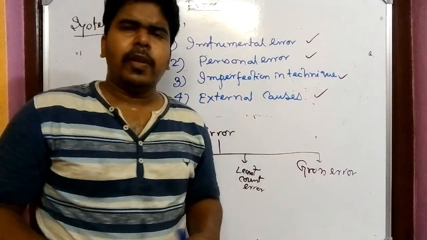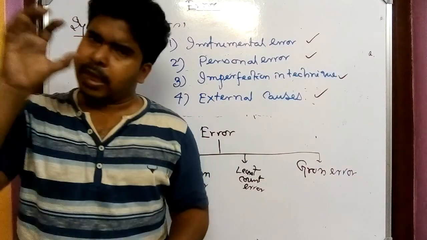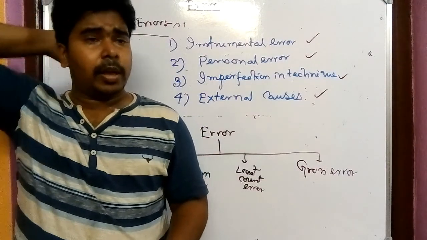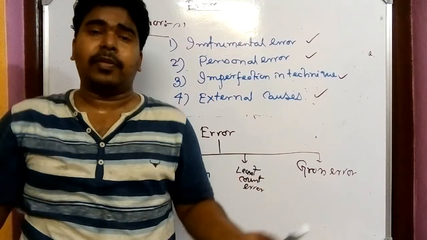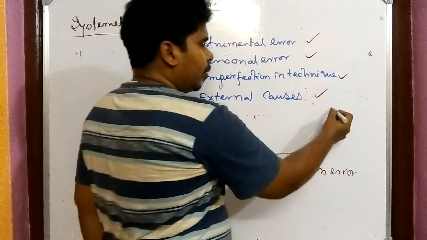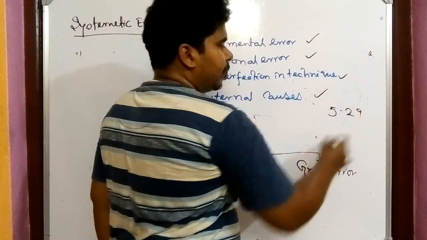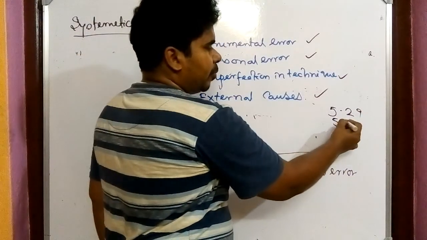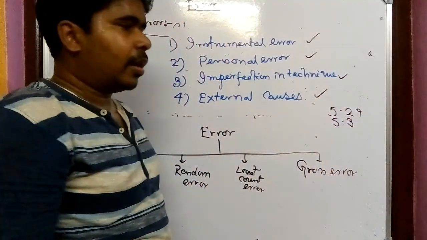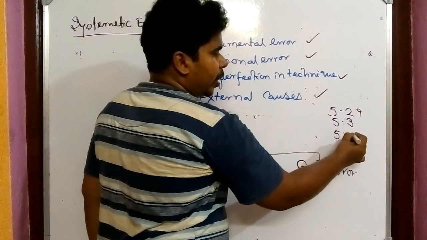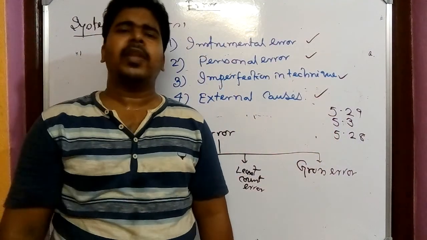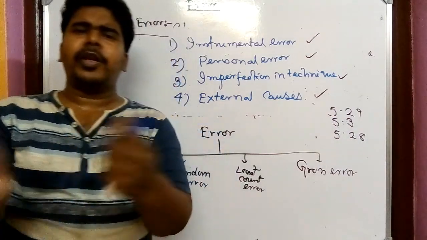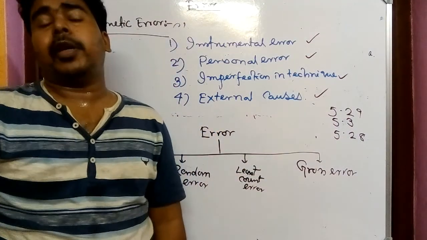Maybe you have done the same experiment, you are the same person, you are doing it 4 different times, and you are measuring, assume, a length. So the first time the length is coming 5.29, the second time the measurement has come 5.3, and the third time it is coming 5.28. The person is the same, but you have done it at different times, you will get different values.